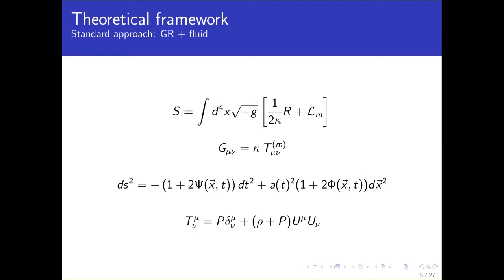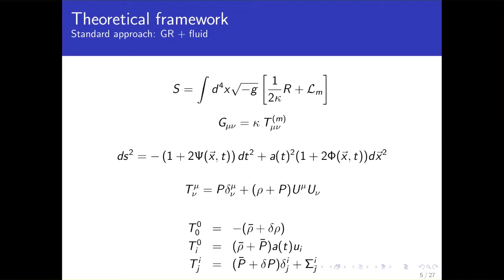You can also use the synchronous gauge, but in the code I will use, we have this gauge. Matter is usually described as a perfect fluid with small perturbations as well, as you can see below, with the perturbations in the density, the velocity, and the anisotropic stress.